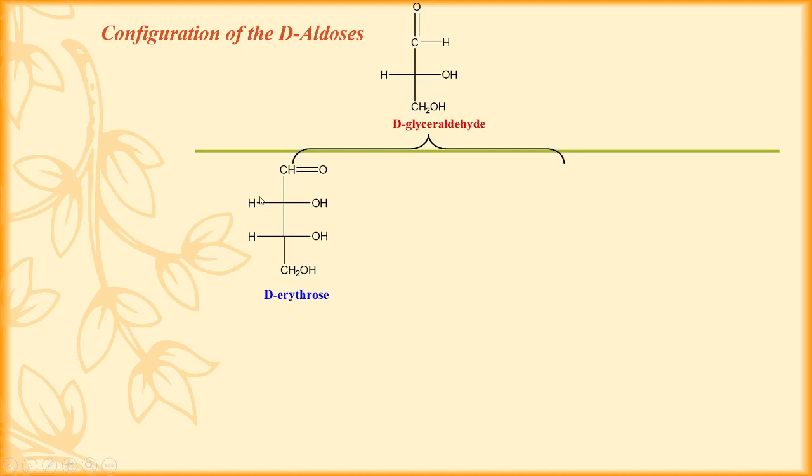When we write the D-erythrose or this tetrose sugar, just add 1 carbon which contains 1 hydrogen and OH group. So here we have 2 sides. This is the left hand side and this is the right hand side. In the left hand side structure, we write the hydrogen on the left hand side, not the right hand side.